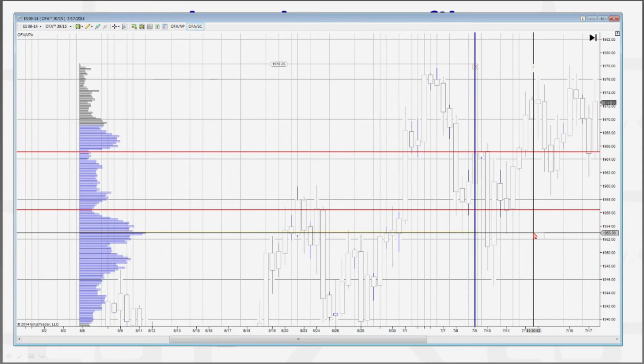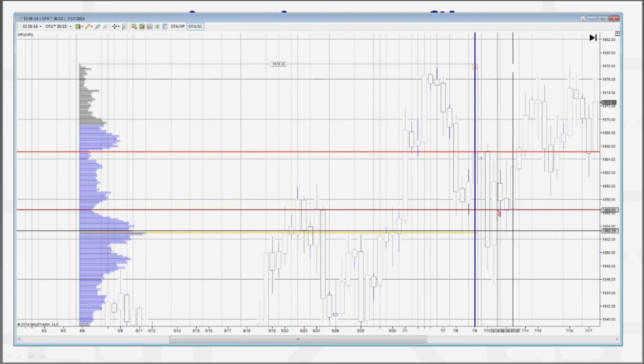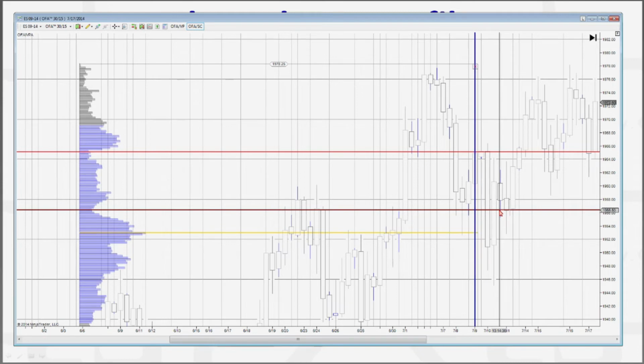It's the same thing on the other side. When buyers don't have enough conviction in a day to take price through VPOC, fair price, then look out below. What it means is that this low volume area is at risk. Most likely it's going to be broken.